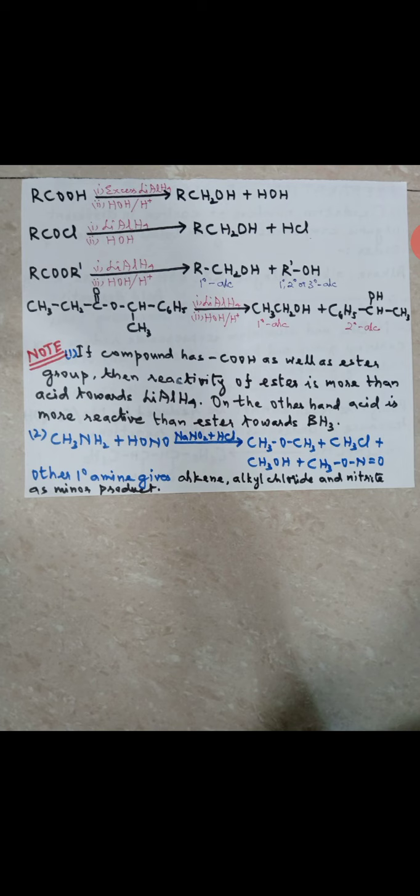Similarly, any primary amine, 1 degree amine, if you take, you will get alkene, alkyl chloride and alkyl nitrite as minor products. Understood now? Got it?